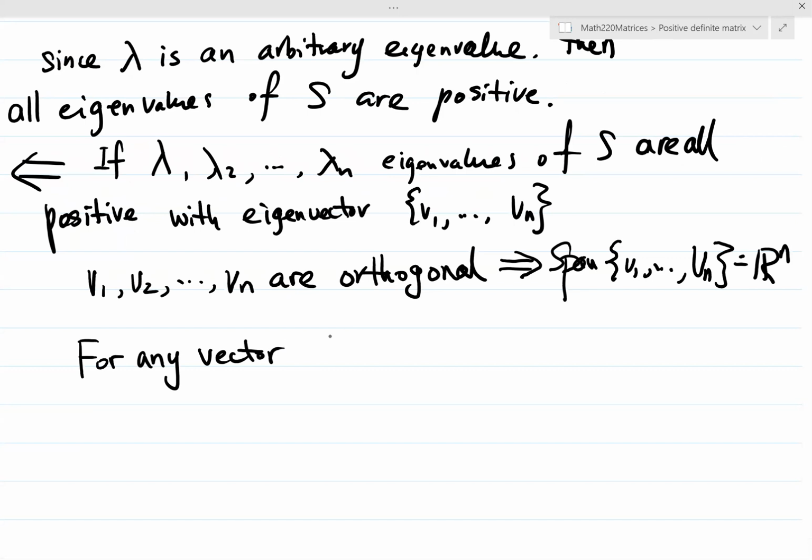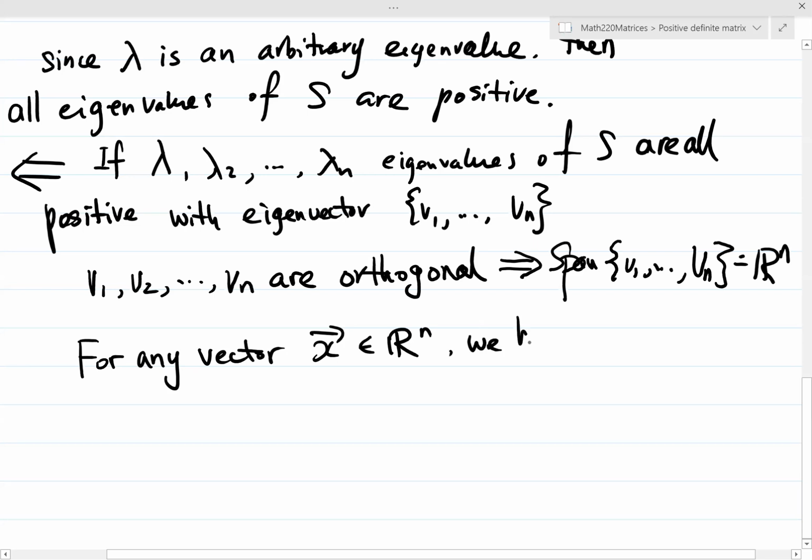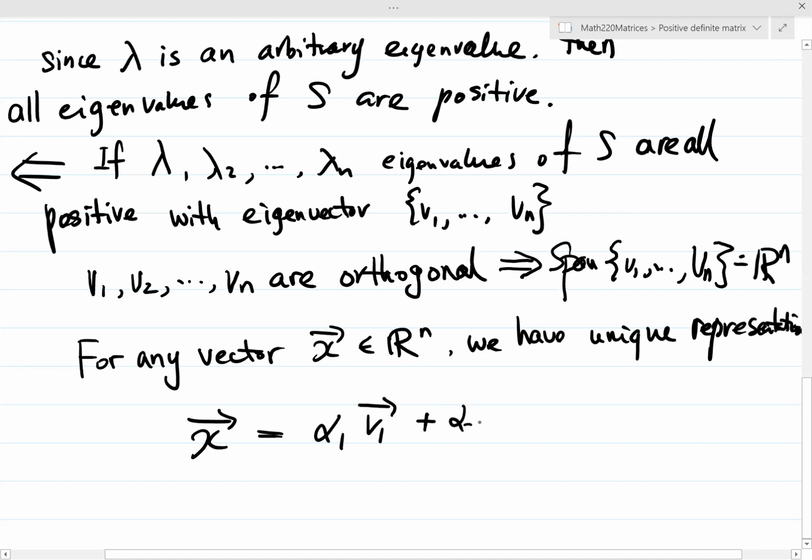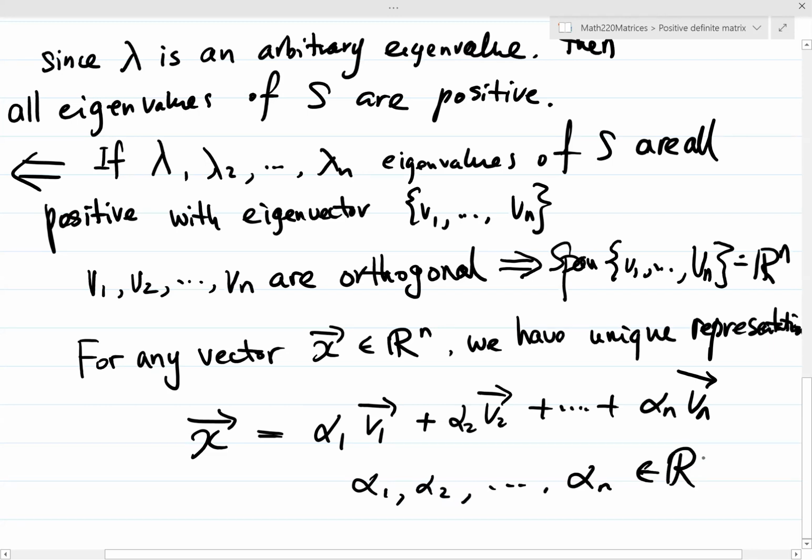So for any vector x in Rn, we have a unique representation of x by alpha 1 v1 plus alpha 2 v2 plus ... plus alpha n vn, where alpha 1, alpha 2, ..., alpha n are real numbers.